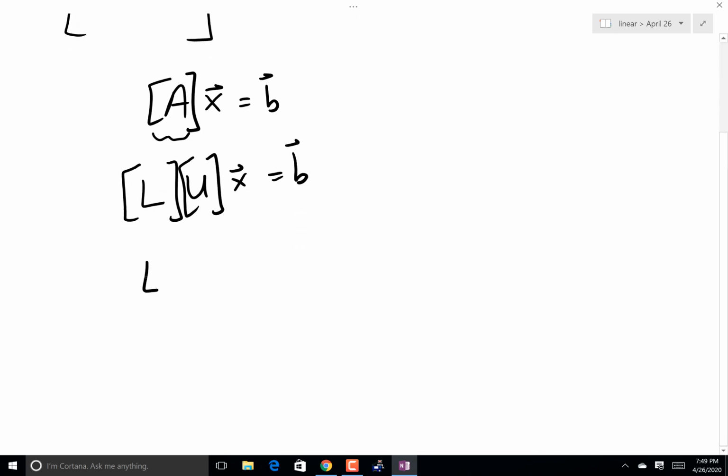Now, we're going to take that L, and then multiply U times a vector. What happens when you take U times a vector? U, of course, is a square matrix, because A is a square matrix. So let's say U is n by n, and then X is n by 1.